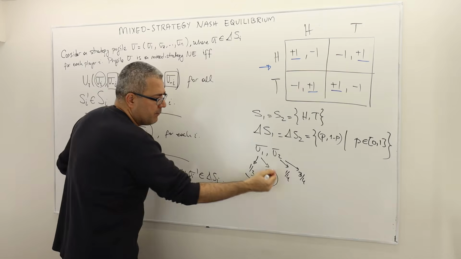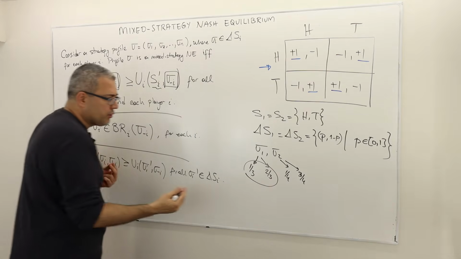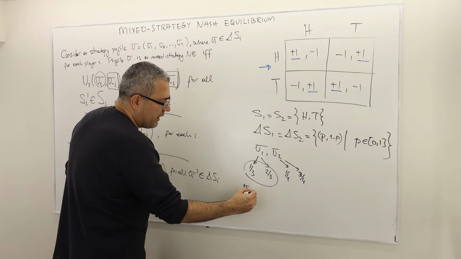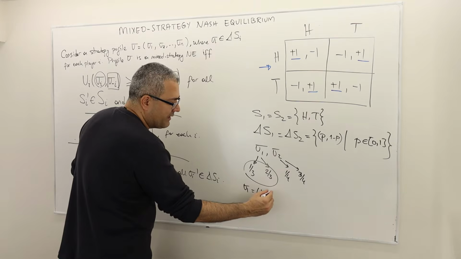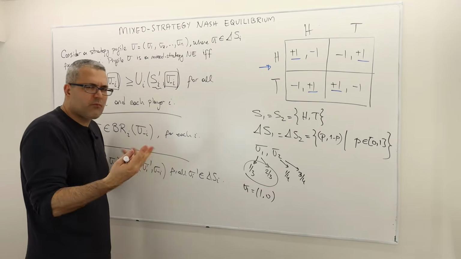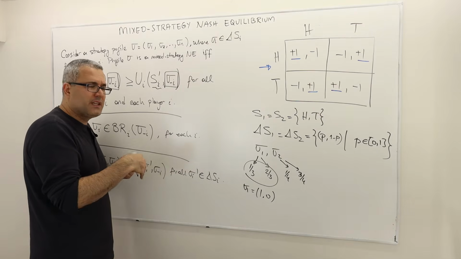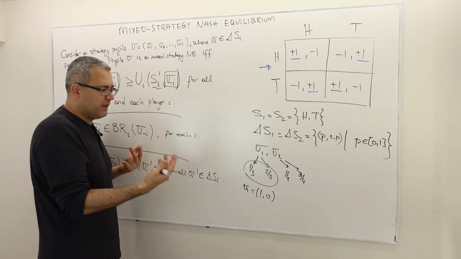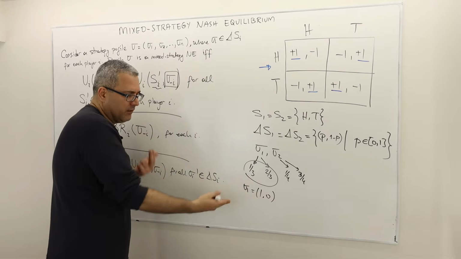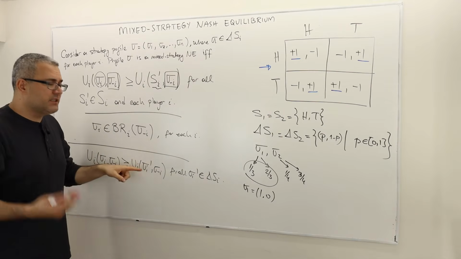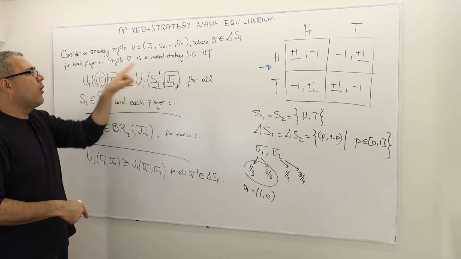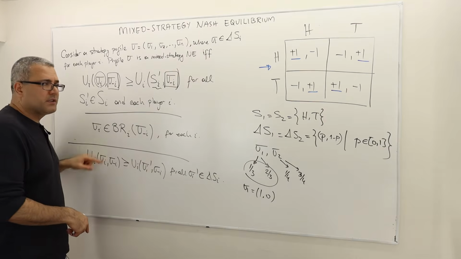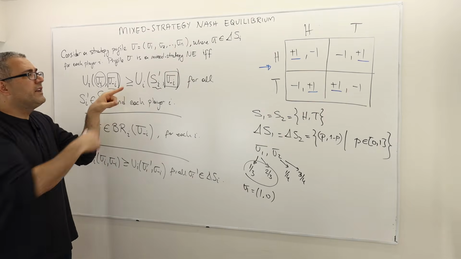For example, the mixed strategy where player 1 plays head with probability 1 and tail with probability 0, so (1, 0), or (0, 1), meaning he plays tail with probability 1. These are just another way of representing a pure strategy. So every pure strategy is a mixed strategy, and all of those comparisons are already included here. However, there are many other comparisons which we're not making here.